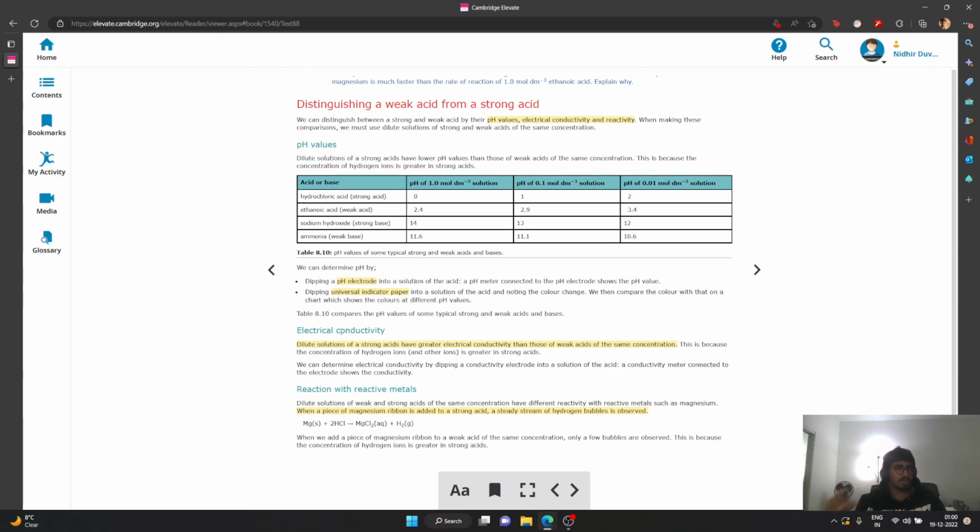Again, a point to remember: strong acids, high conductivity. And the last thing is the reaction with reactive metals. You know that Mg and Zn will react with very strong acids to give bubbling in the form of hydrogen gas that's released. So if you have an acid, try dipping a magnesium ribbon into it and see how much bubbling is happening. If a lot of bubbling is happening, that means it's a strong acid. This reaction is highly promoted.